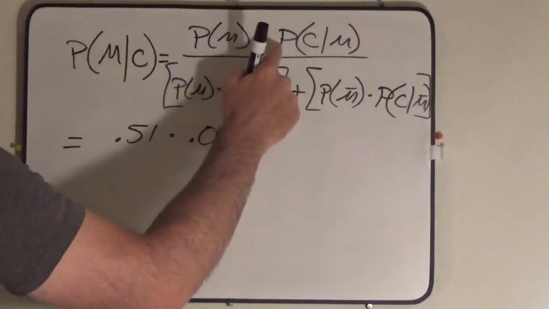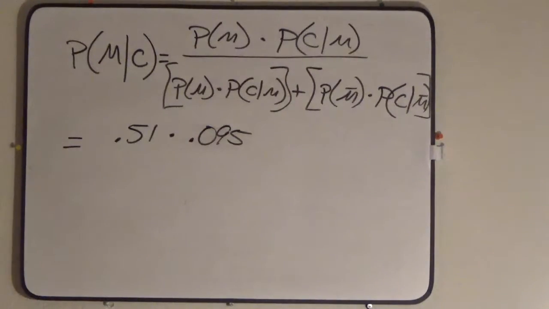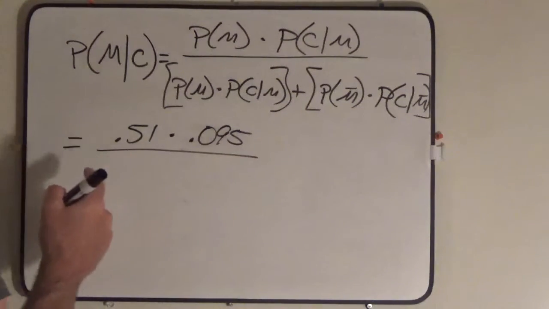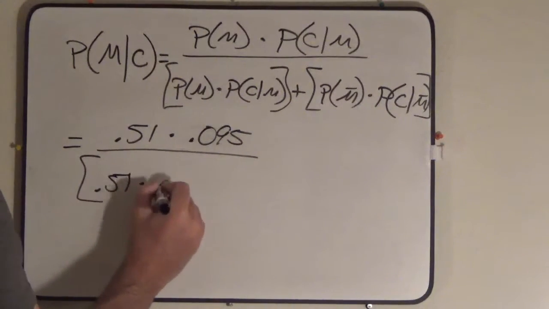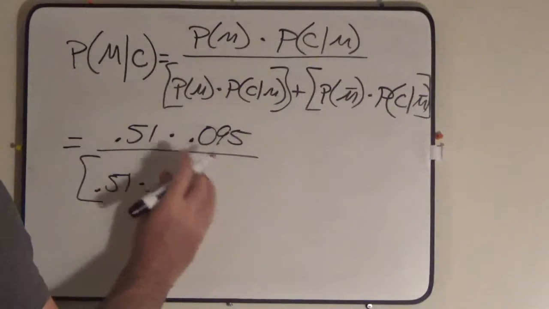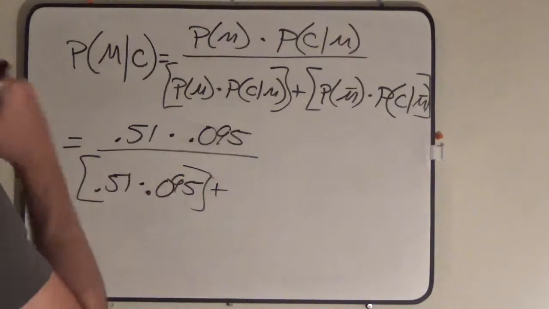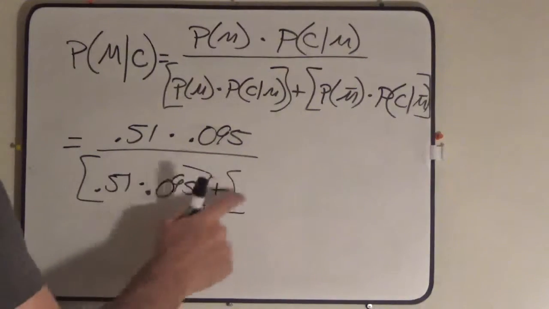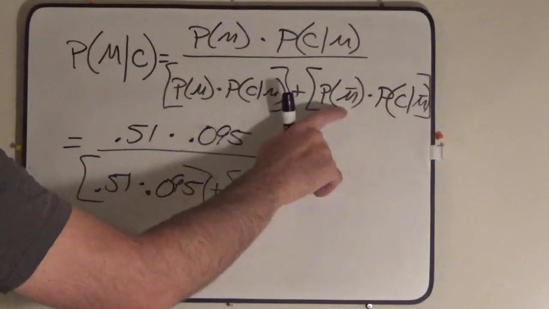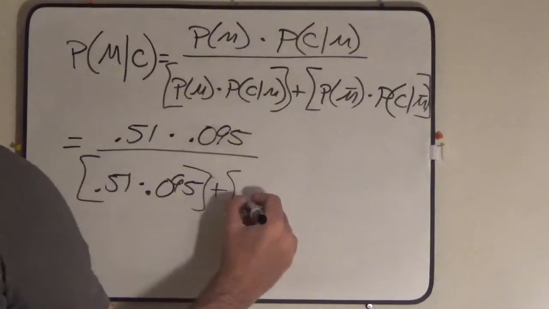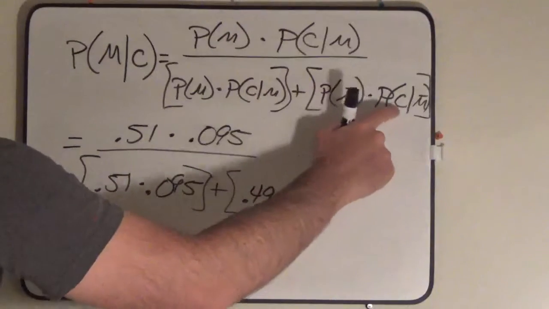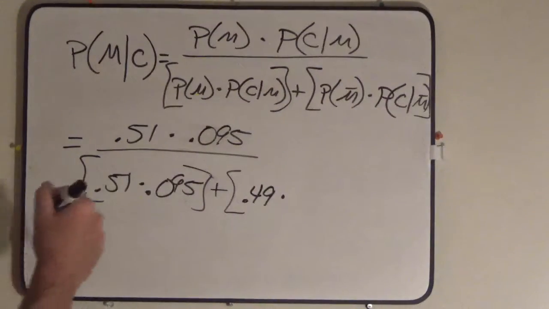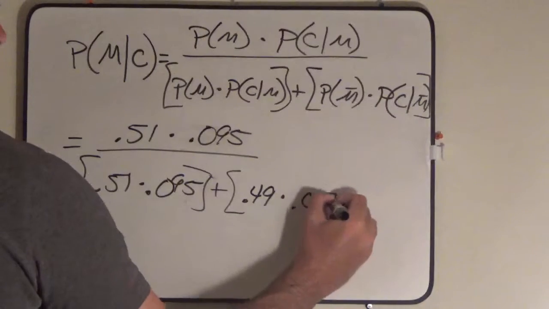That's the probability of the person being a cigar smoker because they're male, all over, this is the exact same numbers here, so 0.51 times 0.095, plus, now this is the probability of it being a female, right? We know that probability was 0.49, times the probability of them being a cigar smoker because they are female, which is 0.017.